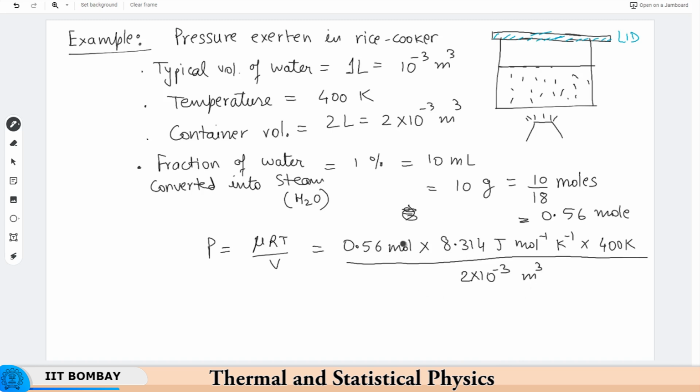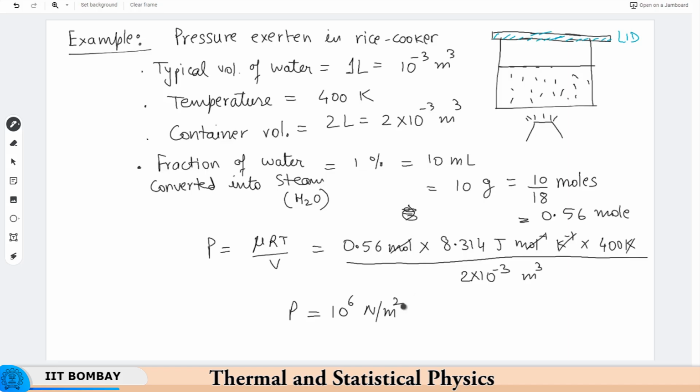You can see the units get cancelled, and you can verify that we get something like 10 raised to the power 6 joule per meter cube, which is nothing but Newton per meter squared, the units of pressure. So this is a typical value of pressure that is produced when you are cooking rice.